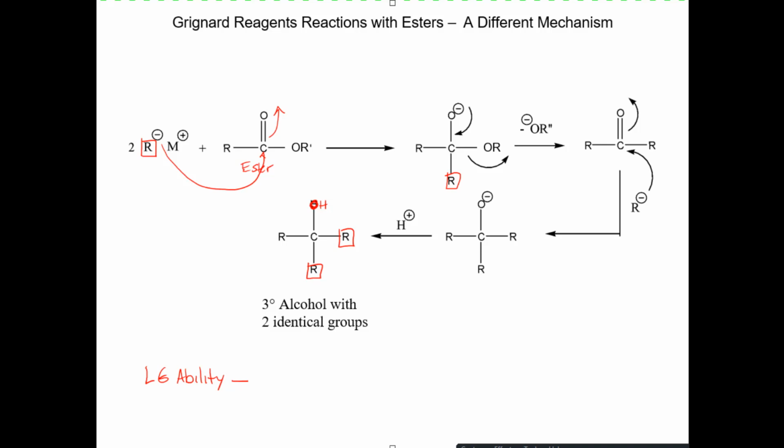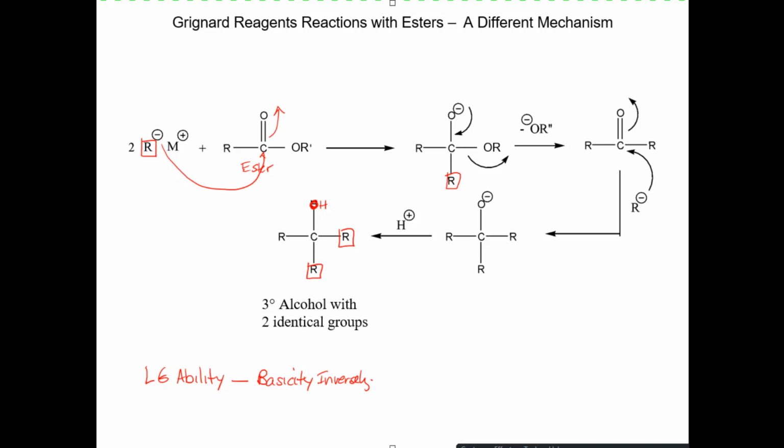Basicity. Leaving group ability is based on basicity. How? Directly or indirectly? Indirectly. I said last semester, inversely. So it is an indirect relationship between basicity and leaving group ability.